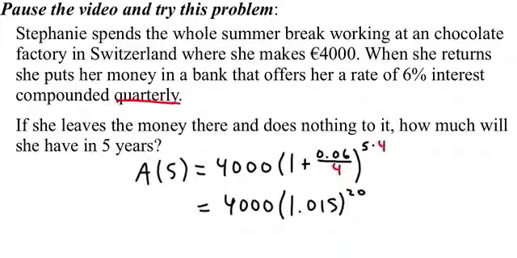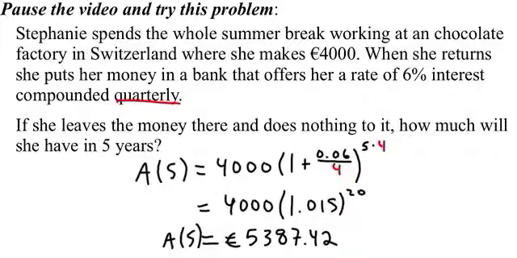And that's the thing that you can calculate to find your final answer, which is that A of 5 is 5,387.42 euros. And that's your final answer. That is how much money you would have if you put this in the bank for 5 years compounded quarterly.